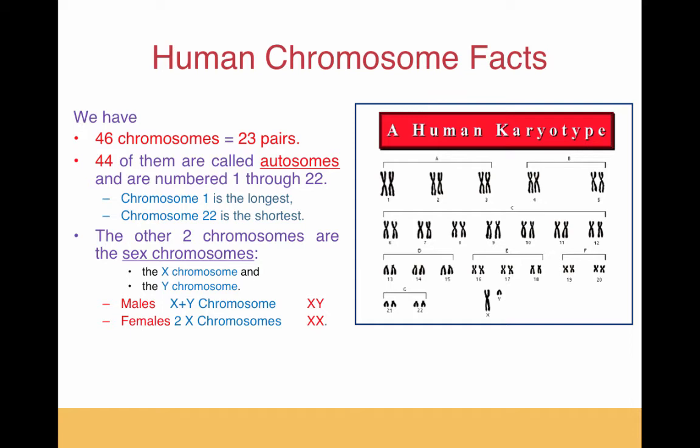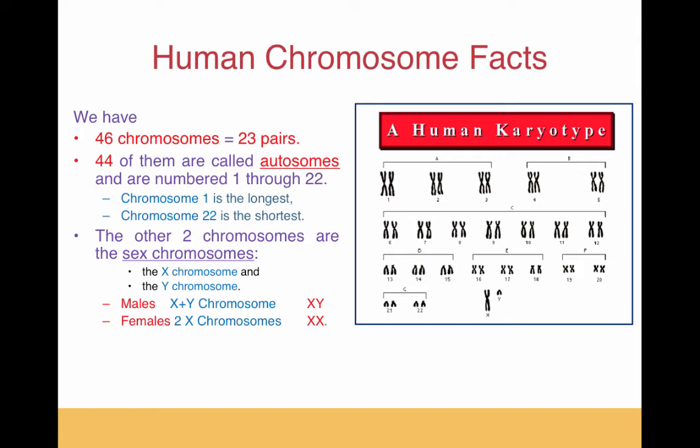Basically, what they did was they opened up somebody's cell and they put some dye into the nucleus of that cell, and they were able to see a human karyotype. That is, they were able to see the chromosomes that belong to that individual. Okay, and that can be really important.